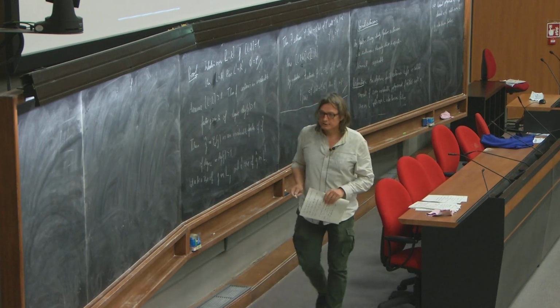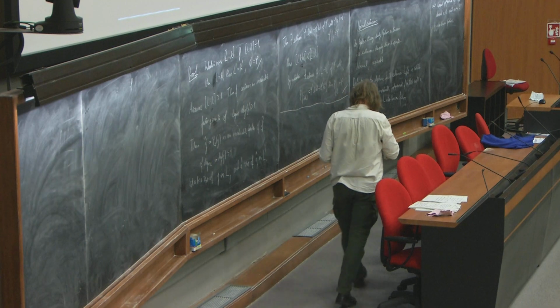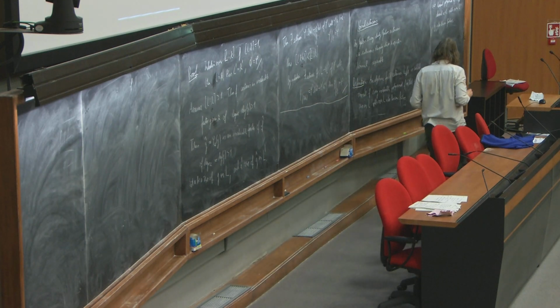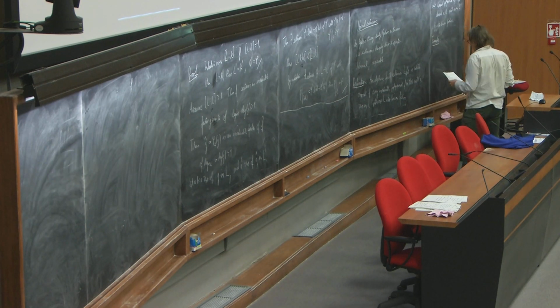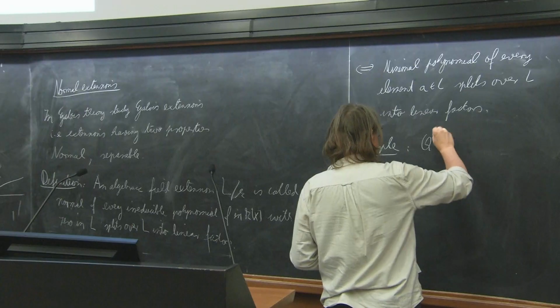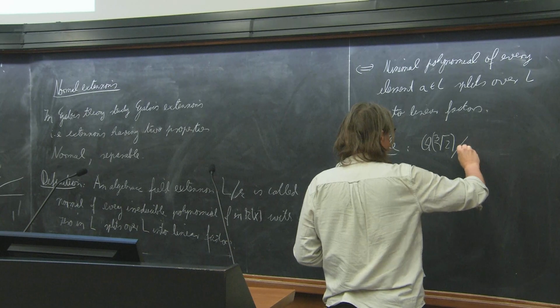Maybe first, a simple example. What is not normal? Example: if I take the extension Q(third root of 2) over Q, this is not normal.